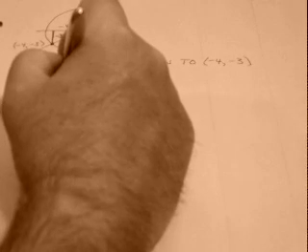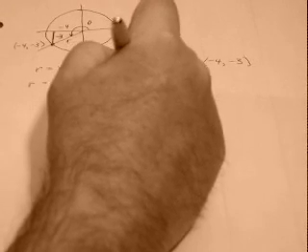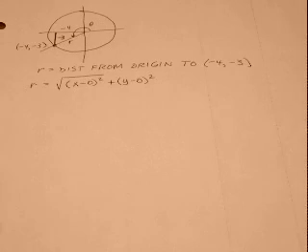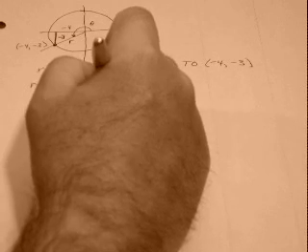Let's say just any general point x, y. Its distance from the origin 0, 0 would be given by this formula: the square root of x minus 0 squared plus y minus 0 squared. And that equals the square root of x squared plus y squared.